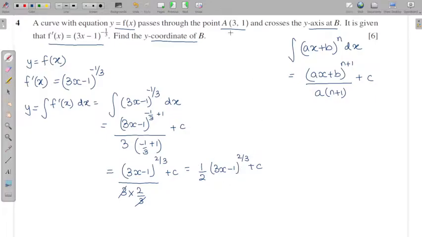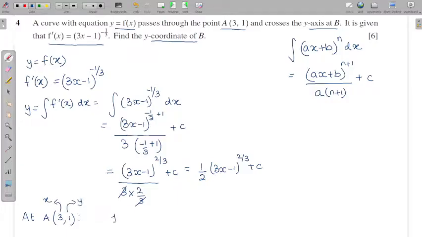They have said that this is a point on the curve. So by using the coordinates of this point, we should be able to get the constant c. So let's do that now. At A, where the coordinates are (3, 1), this is the x coordinate and this is the y coordinate.